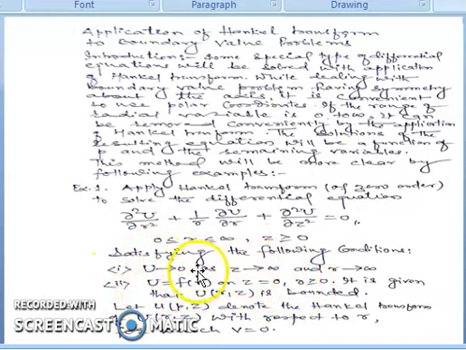This is the example of application of Hankel transform. See the proof of the example. Let u bar of p, z denote the Hankel transform of u of r, z with respect to r, for which v equal to 0.